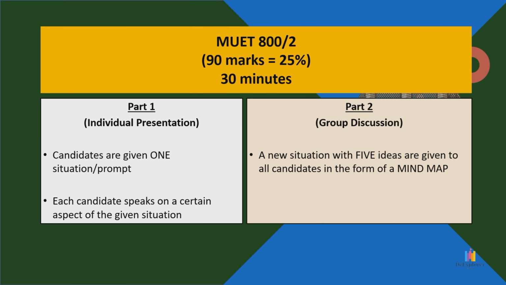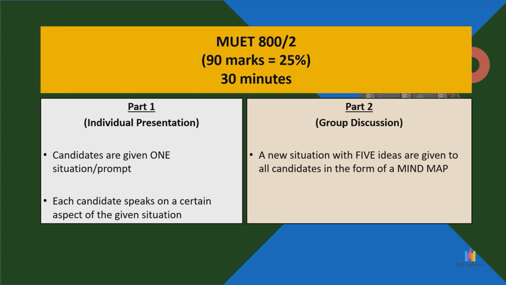For your information, students are tested in groups of 4. These 4 students will go into the examination room together. The time allocated for Muet 800/2 speaking is 30 minutes in total for both Part 1 and Part 2.